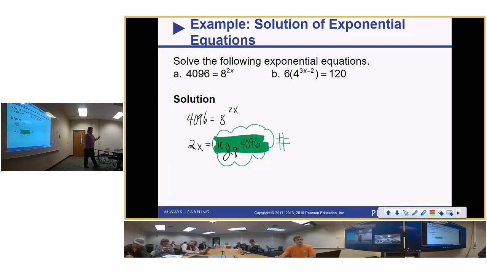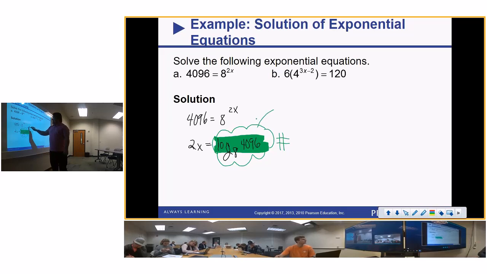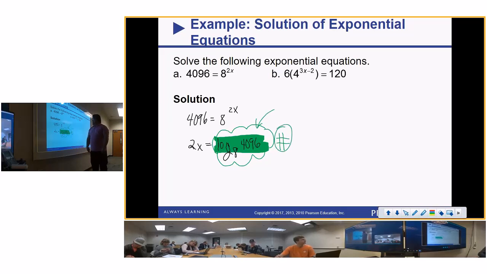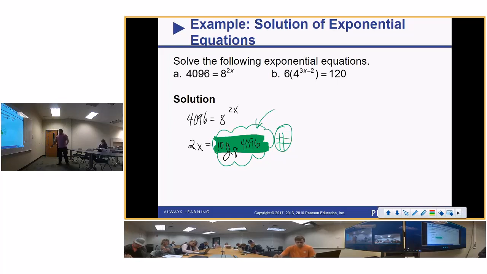Because how many times have you been in a logarithmic homework, whether in the past or now, and you just see the log of a bunch of stuff and you don't know what to do? That's why I'm telling you this, because most of the time when you have something like this, all it is is a number. So go ahead and change it into a number as quick as you can so you won't let the anxiety set in and make you quit the problem.